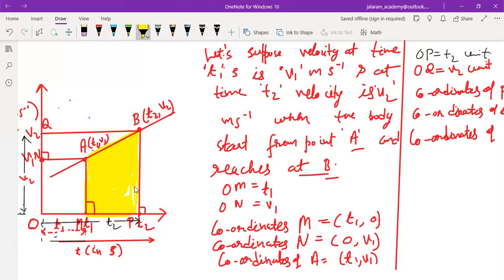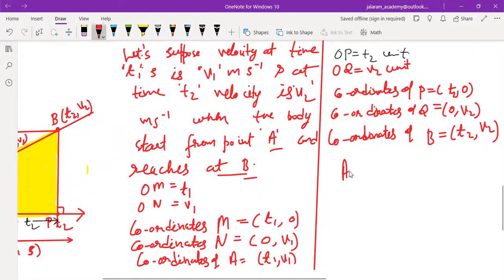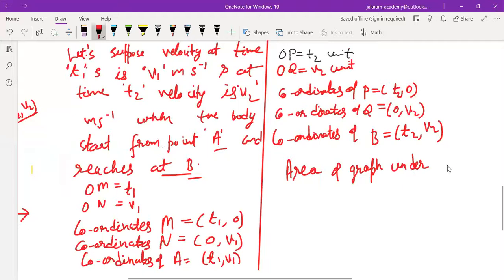You should not color it. So we write: area of graph under AB.